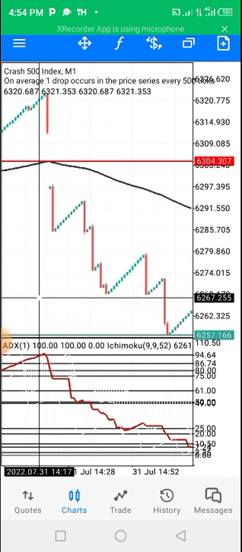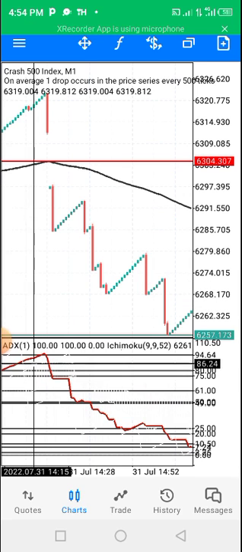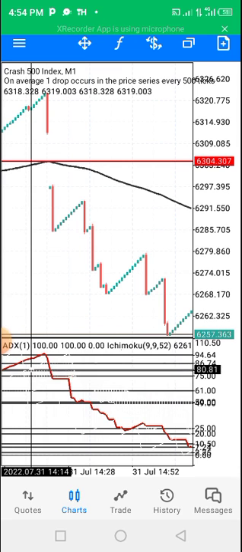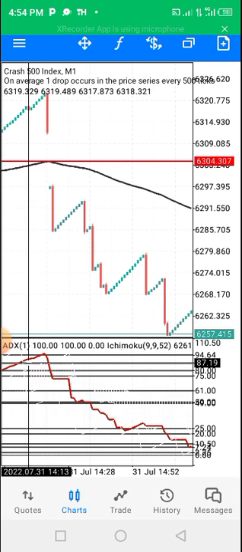Let me repeat this once again. When you're on boom, you're trying to catch spikes, you buy, and when you're on crash, you're trying to catch spikes, you sell. And when is the right time for you to sell?